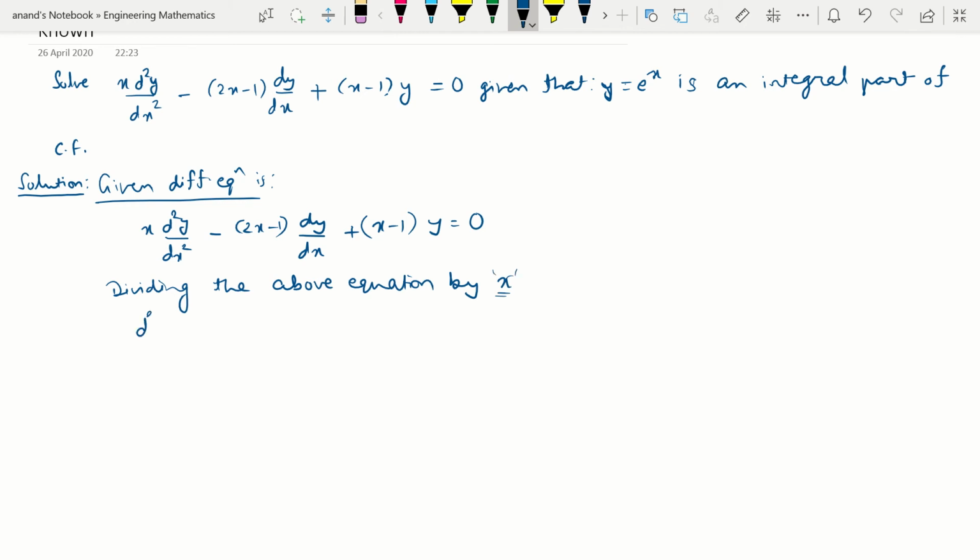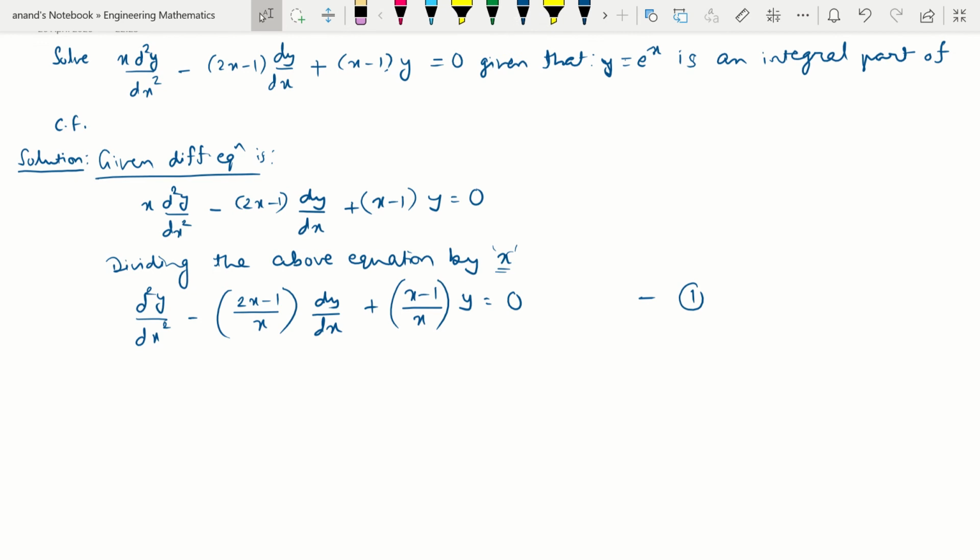So we get d2y by dx2 minus (2x minus 1) upon x dy by dx plus (x minus 1) upon x y equals 0. Let us call this the first equation.